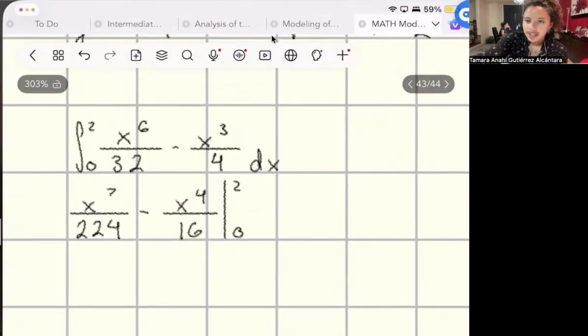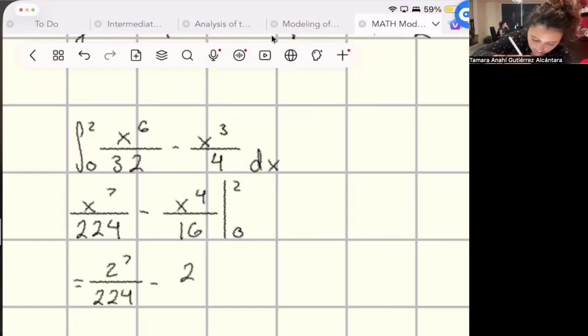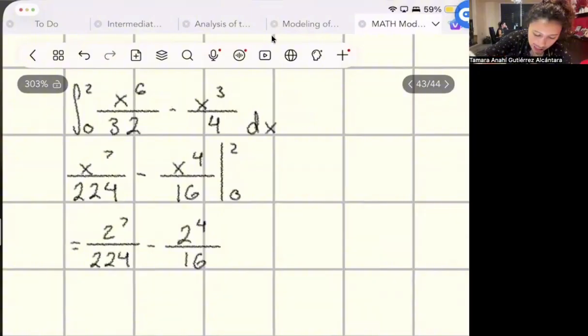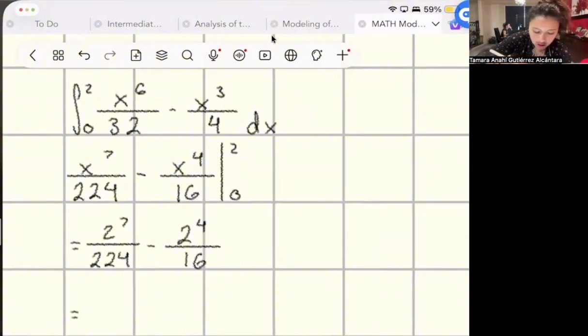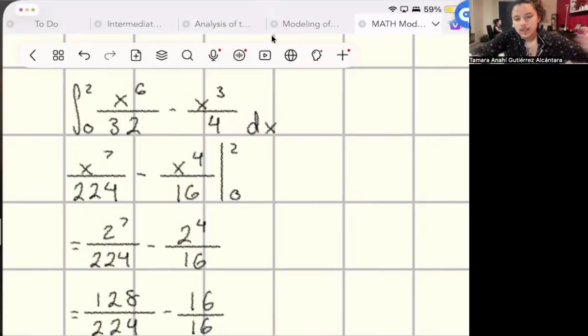Again, we're not gonna evaluate it at 0 because we already said that is useless, so it's just gonna be at 2. 2 to the 7th over 224 minus 2 to the 4th over 16. 2 to the 7 is 128 over 224, minus 2 to the 4th, 16 over 16, that is 1.